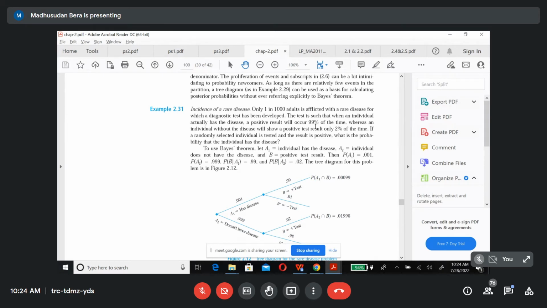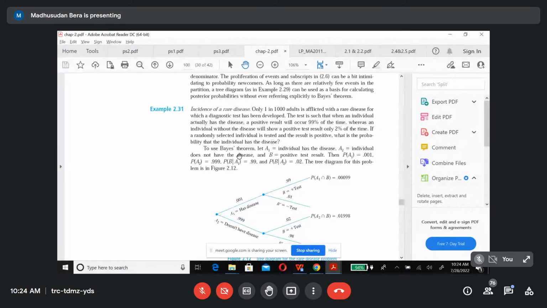And an individual without the disease, who actually does not have the disease but shows a positive result, means a wrong result is given. That is 2%. Now, if a randomly selected individual is tested and the result is positive, what is the probability that the individual has the disease?